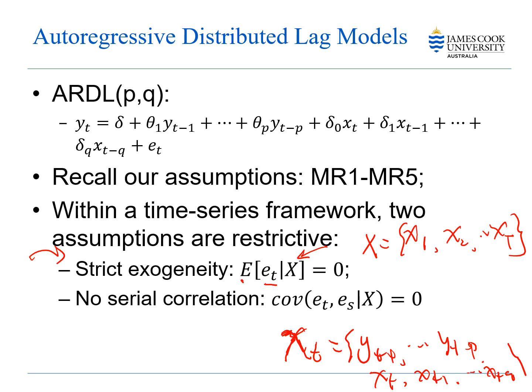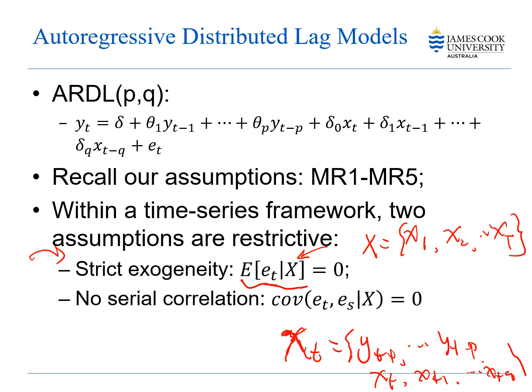Conditioning on the whole X is actually a very strong, very strict exogeneity, and this might not hold in the time series framework, because here we have time series data. Typically, they are correlated across time.